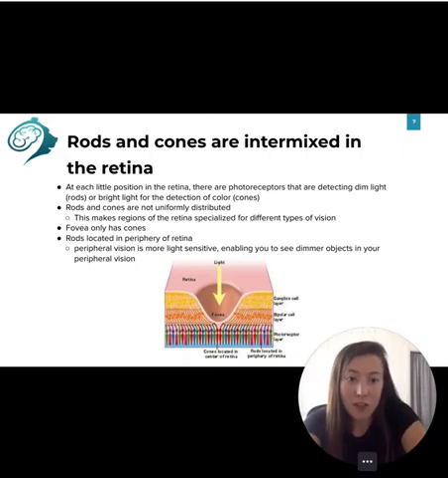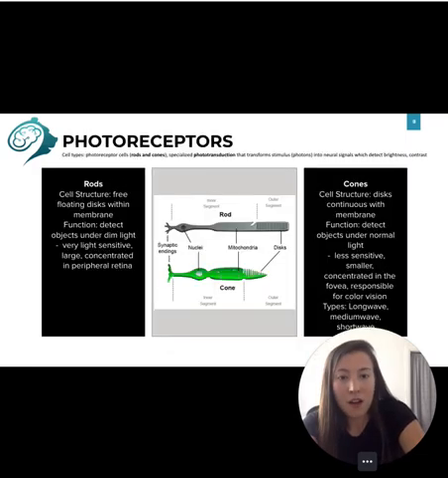But there are a few parts that are specific. So the fovea only has cones, and the periphery of the retina is very full with rods, because peripheral vision is more light sensitive, which enables you to see dimmer objects in your peripheral vision.